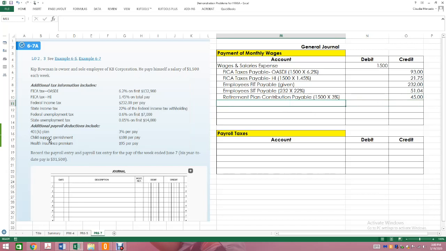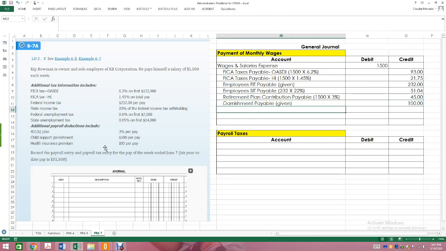You're also being garnished $100 per paycheck for your child support. So here I'm going to put garnishment payable. Okay? And the amount is given at $100. So I'm going to put here given. Okay? Wow, this person is getting deducted a lot.